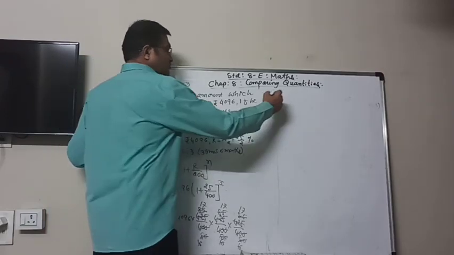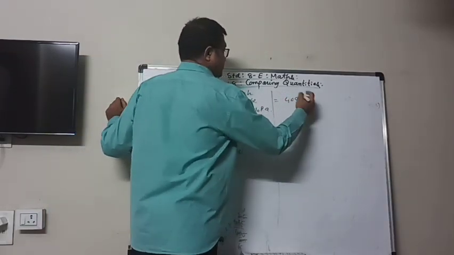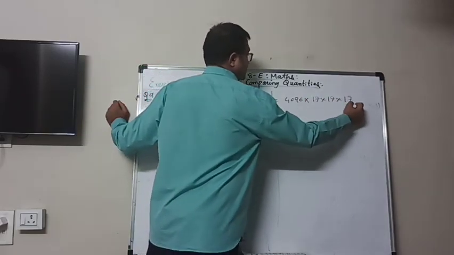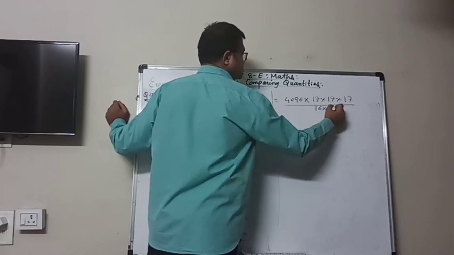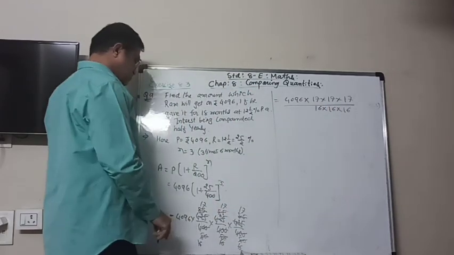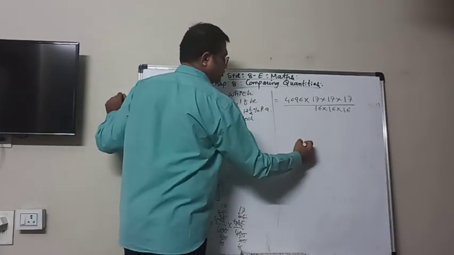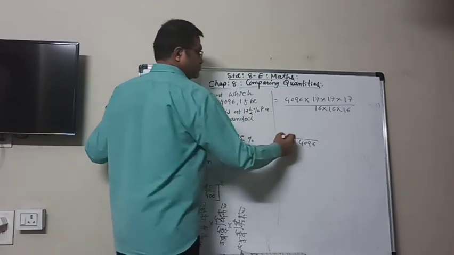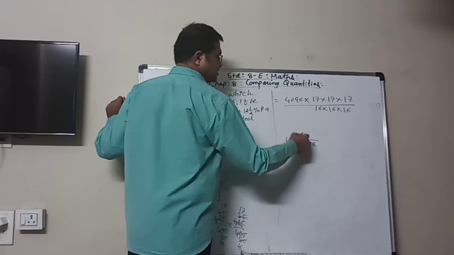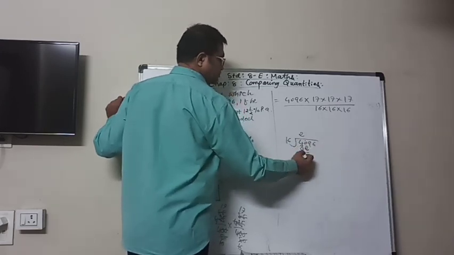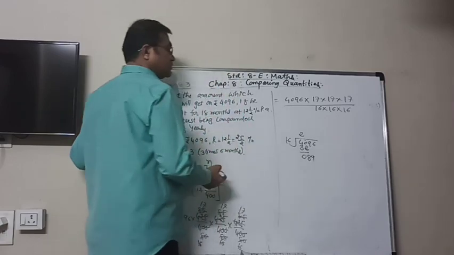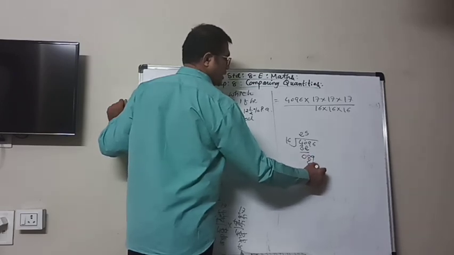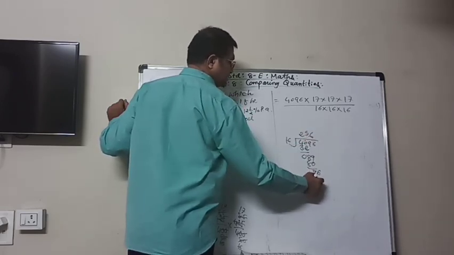Now for our convenience, we will write down the remaining things and then we will do the cancellation. Into 17 upon 16 into 16 into 16. Now try to divide by 16. We know that 16 twos are 32, 16 threes will be more. 16 fives are 80 and 16 sixes are 96.